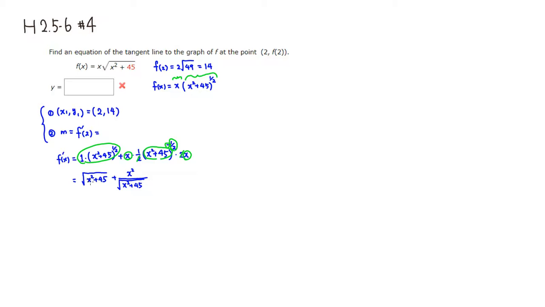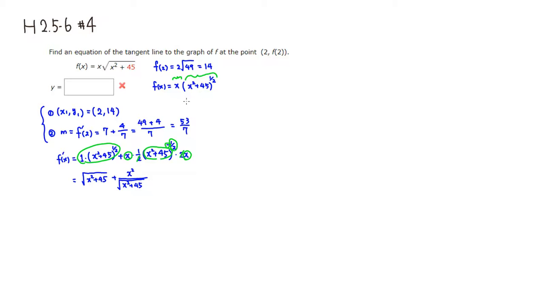If you plug in 2, again 2 squared is 4, 4 plus 45 is 49, and the square root of 49 is 7. Plus, you have 2 squared is 4, and again the square root of 49, so you're going to have 7. So this is equal to, using a common denominator, 7 is the same thing as 49 over 7, plus 4, so that's 53 over 7.